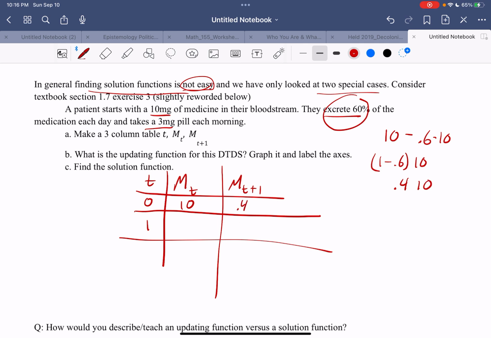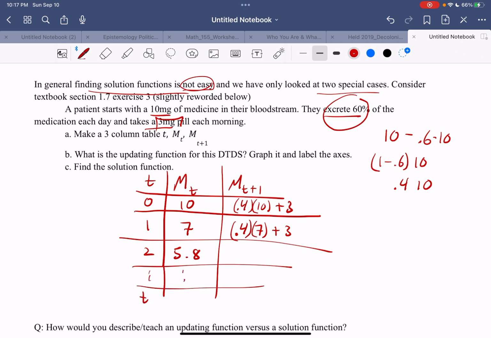So we have 0.4 times 10. And then they pop another pill, so plus 3. Okay, well, that's 4 plus 3 is 7. And 40% of 7 is going to be left 24 hours later, and they pop another pill, and that's 5.8.